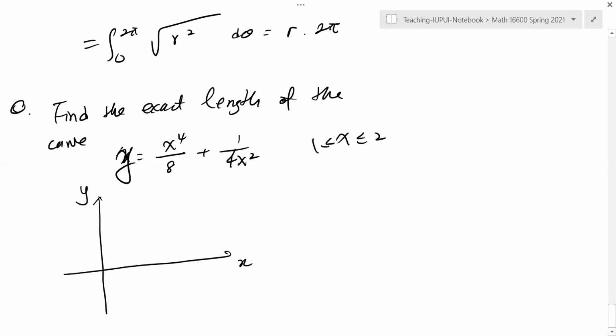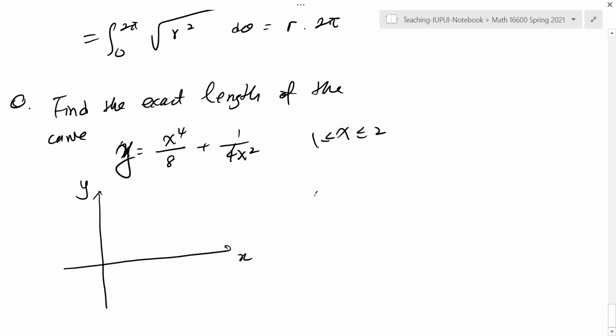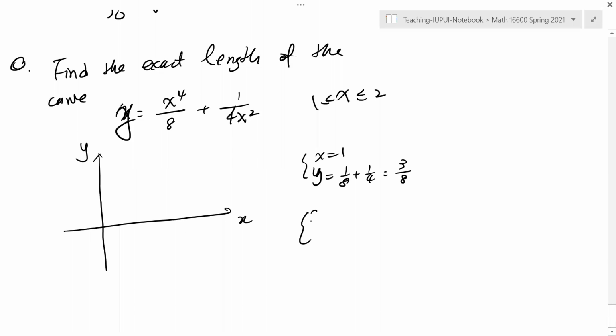Right. So when x equals 1, what is the y value? The y value is 1 over 8 plus 1 over 4. I think it will be 3 over 8. It's a small number, right? Okay, let's try another one. x equals 2. y equals 2 to the fourth power over 8 plus 1 over 4 times 2 squared. 2 to the fourth power is 16, divided by 8 is 2.